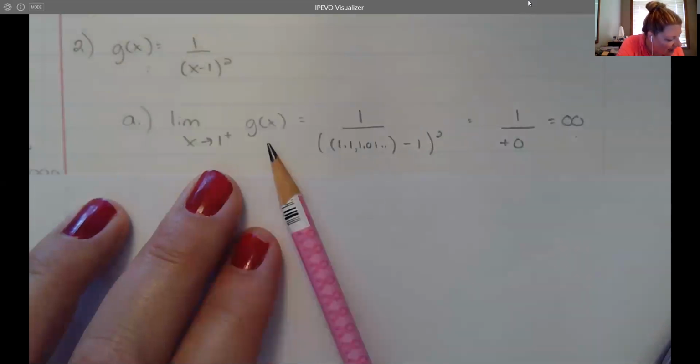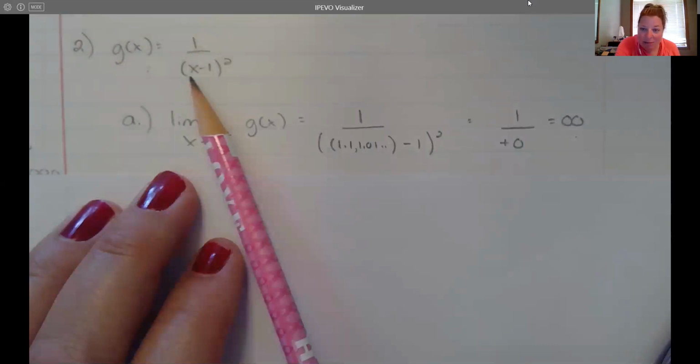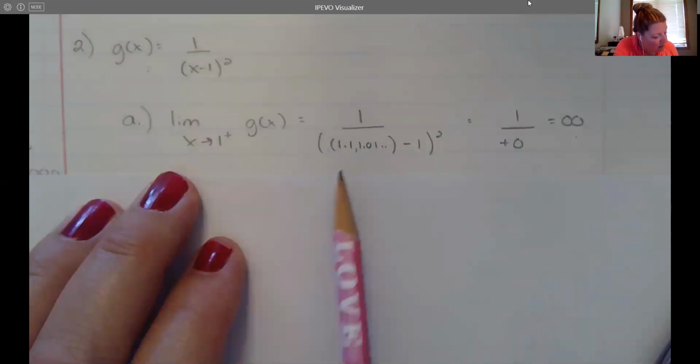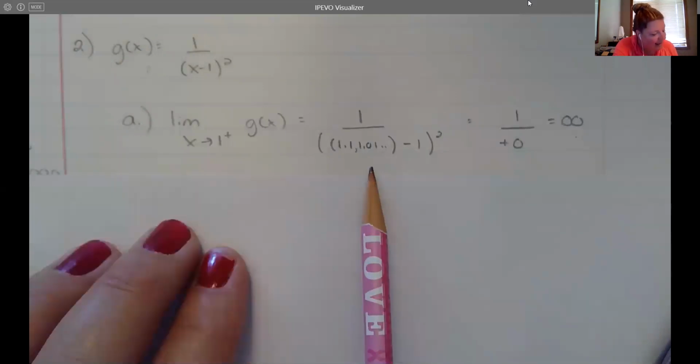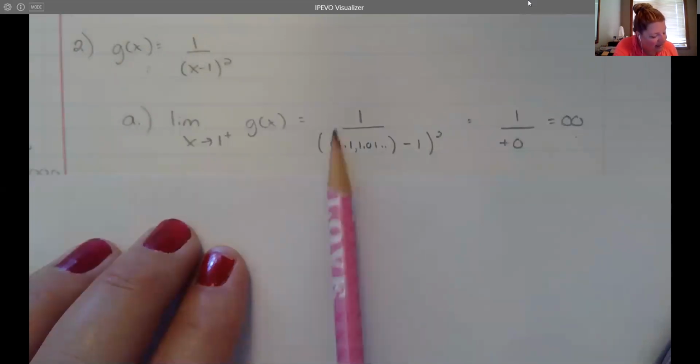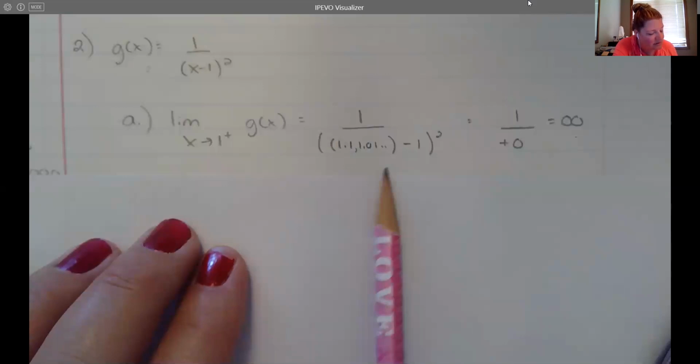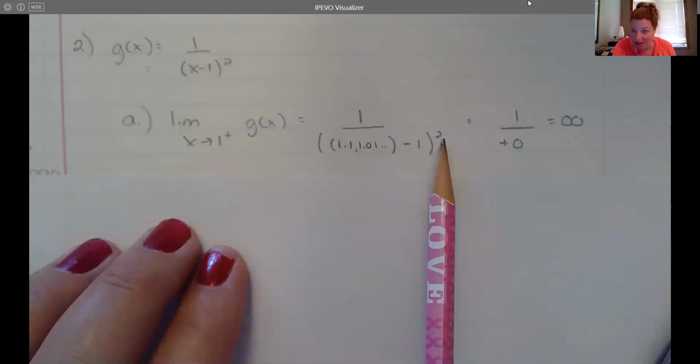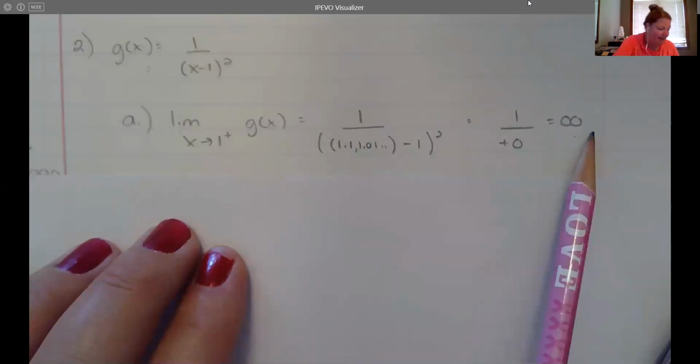Well, from the positive side, they'd be a little bit bigger, so we're going to use 1.1, 1.01, 1.001. That's going to give us a positive squared, which is a positive, so it's going to infinity.